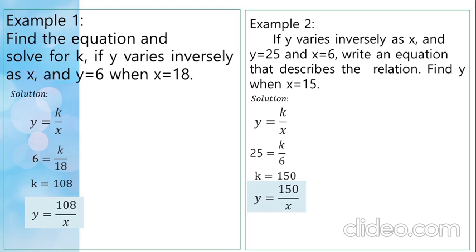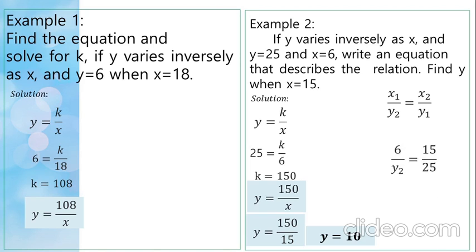Now solving for y, when x is 15, we'll have y is equal to 150 over 15. Therefore, y is equal to 10. Another way to find y when x is 15 is by using the proportion x sub 1 over y sub 2 equals x sub 2 over y sub 1.